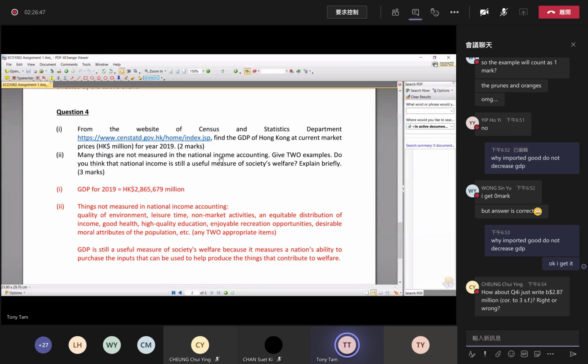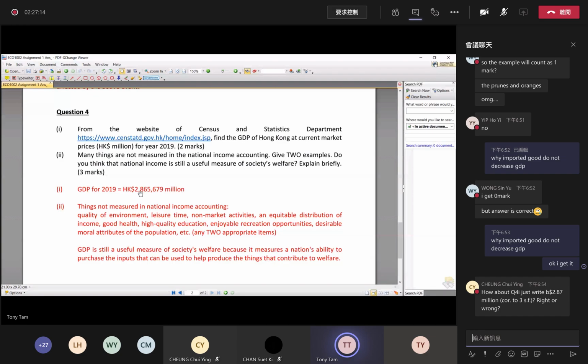How about 2 point? It is not decimal point. It is not 2.87 here. You check about that. It will be 2,865,679 million. And you write here, that will be 2.87 million.